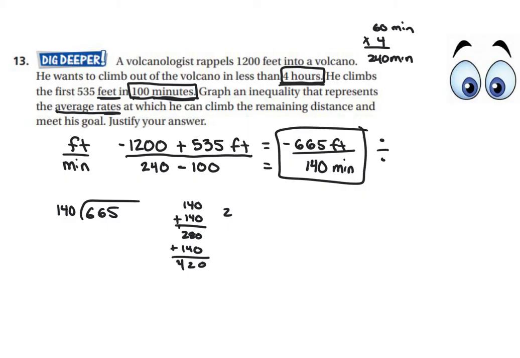So we're at 420. 420 after 3 times. Let's add another 140. So after 4 times, we're now at 560. And if we were to add another 140, that would put us at 700. So we know that's too much, right? So we know 140 goes into 665 4 times. 4 times 140 is 560. We have 105 left over.